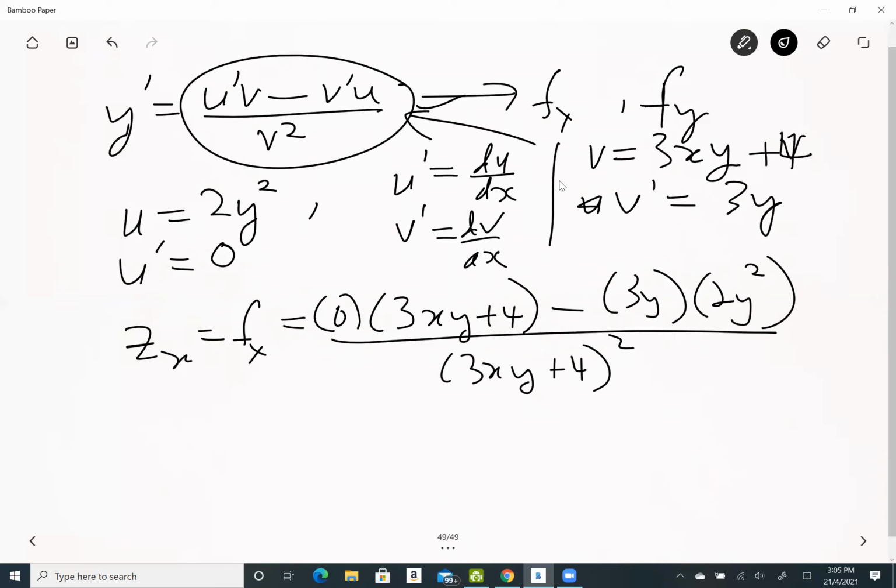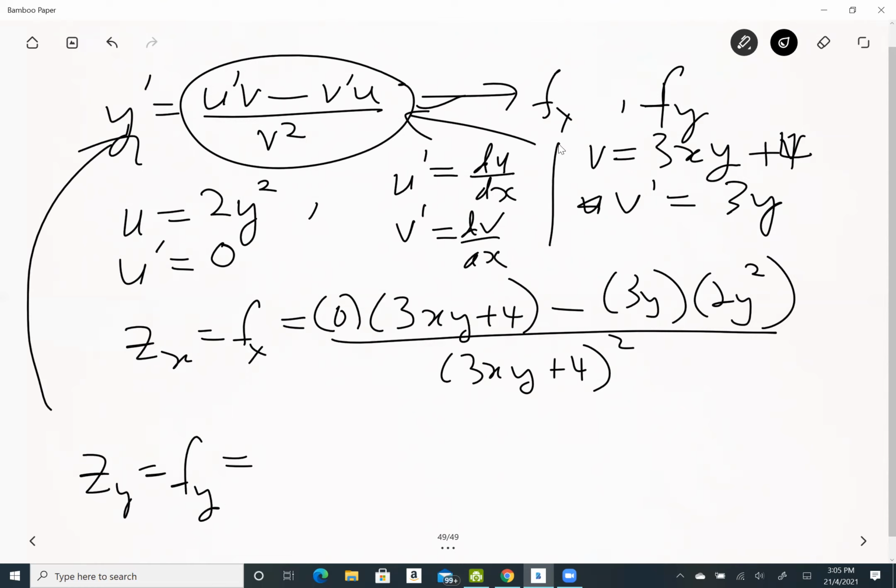Now you do the other partial derivative, zy, which is fy. Again, that's the rule: u prime v minus v prime u. So u equal to 2y squared, and u prime is du dy.